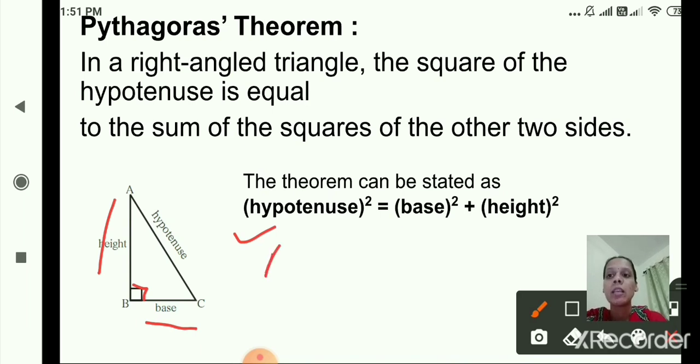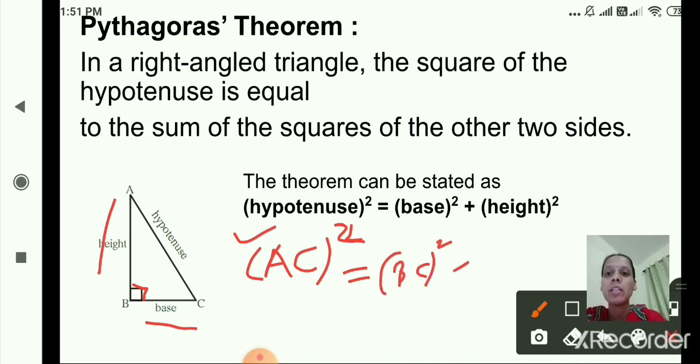That is AC. So we'll write AC square is equal to, which is the base here, BC. So BC square plus height is AB, so we'll write here AB square.